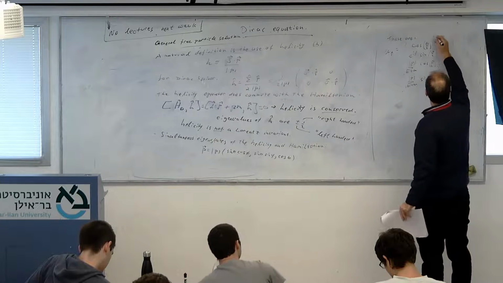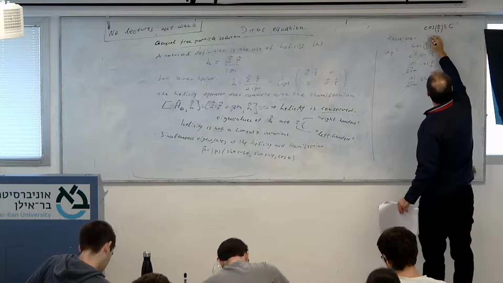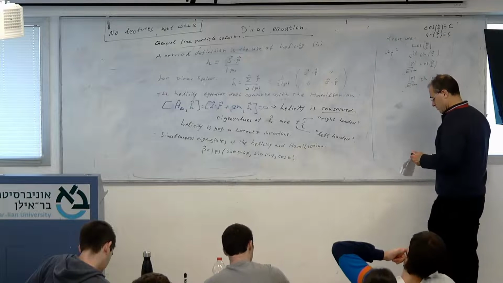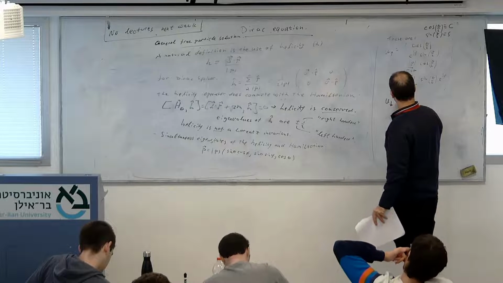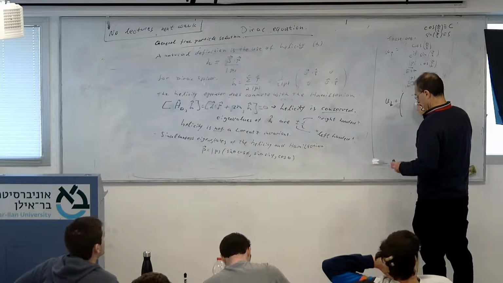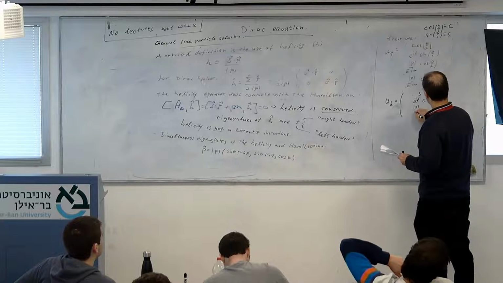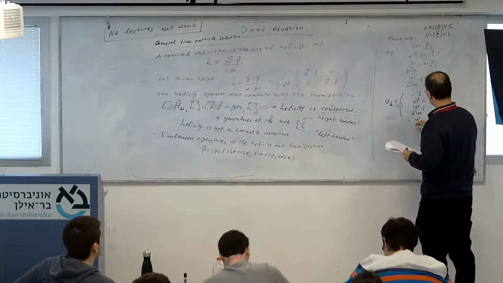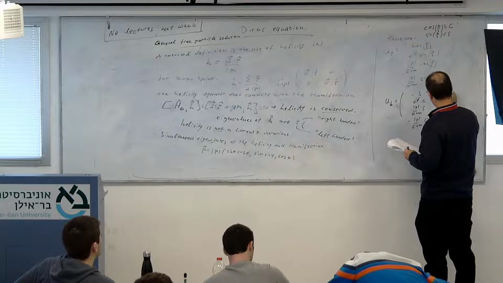I'm just going to write cosine theta over 2 as c, and sine theta over 2 as s. So this is u up, and then we have u down, which is minus s, e to the i phi c, then p over E plus m s, and minus p over E plus m c e to the i phi.